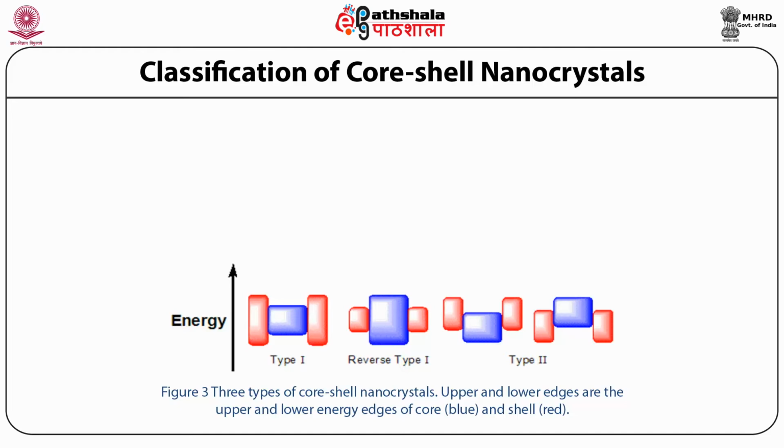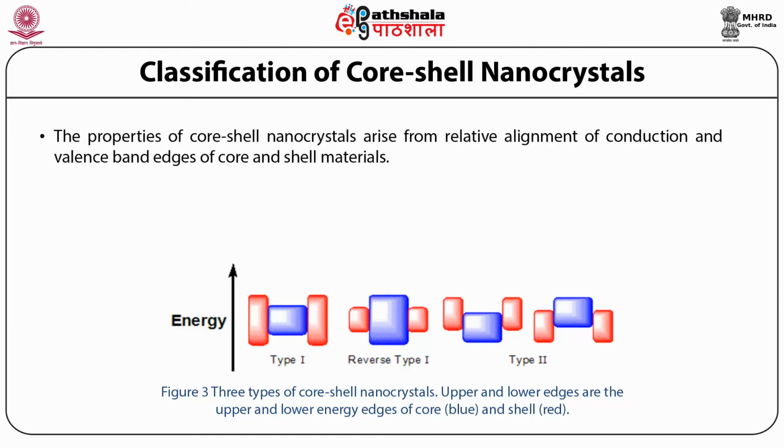Let us next study the classification of core shell nanocrystals. The properties of core shell nanocrystals arise from relative alignment of conduction and valence band edges of core and shell materials.